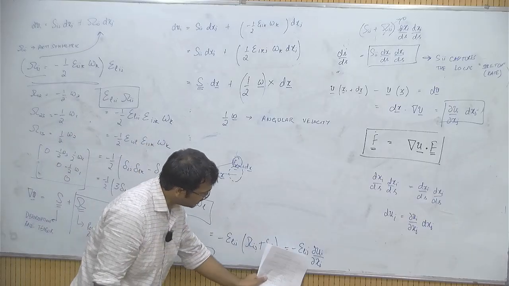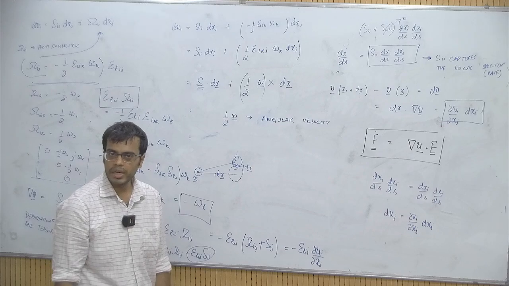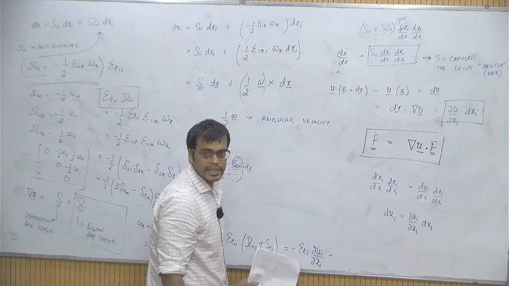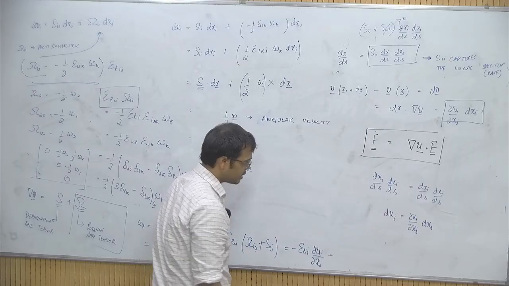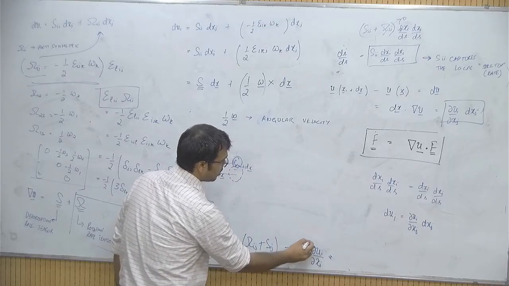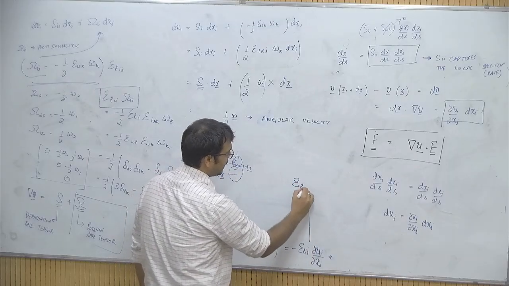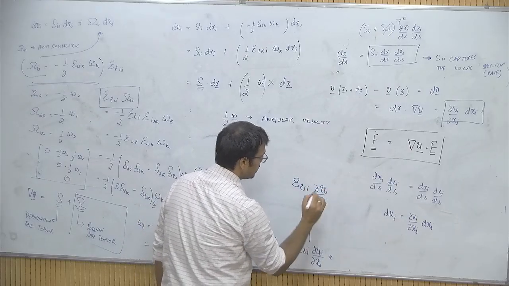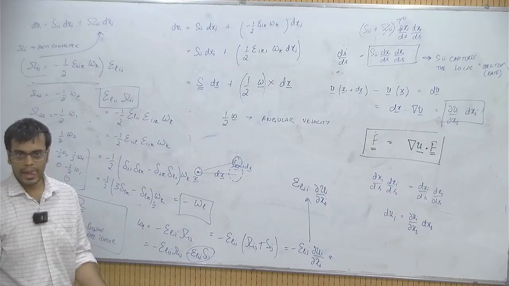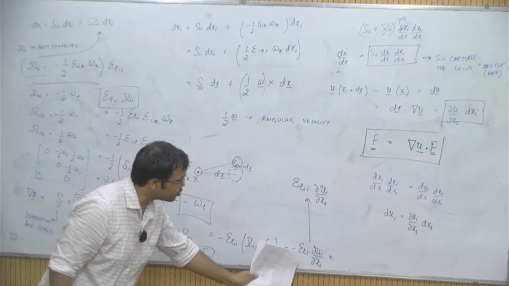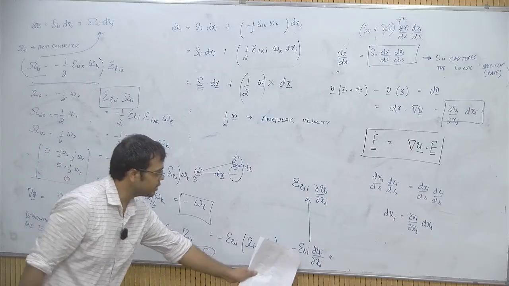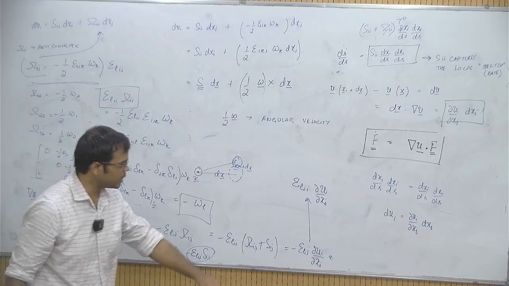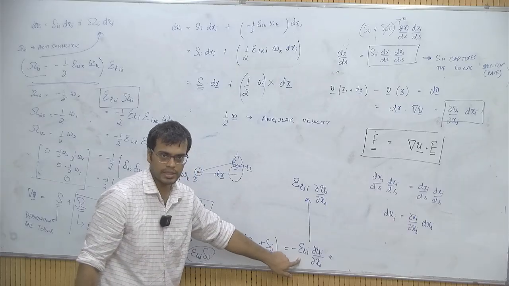Now again we have a minus epsilon Lij appearing here. If I shift the order of i and j in epsilon, then I can absorb this minus sign, and this is going to be equal to epsilon Lji del ui over del xj. No, I've swapped i and j, but in epsilon, not in the rest. Epsilon Lji is minus of epsilon Lij.